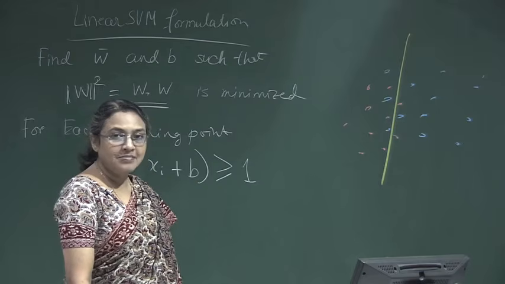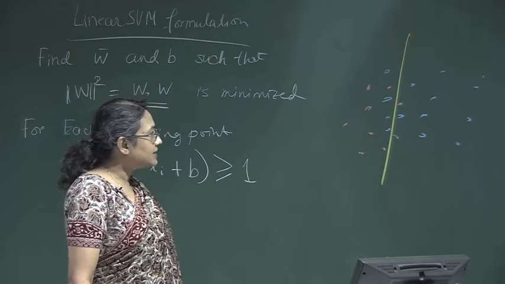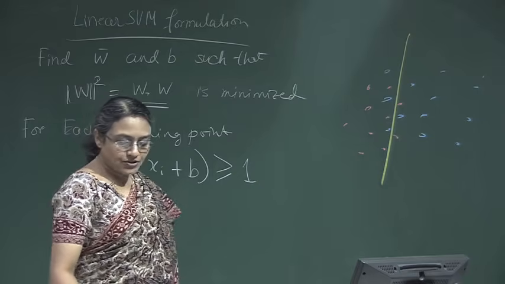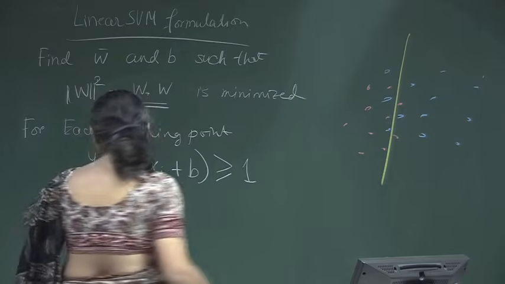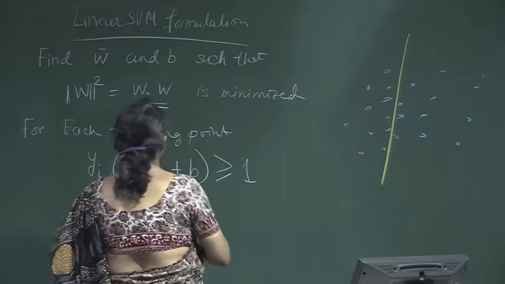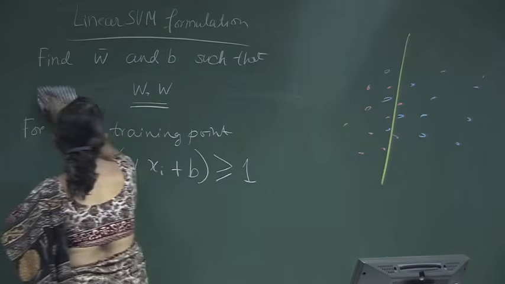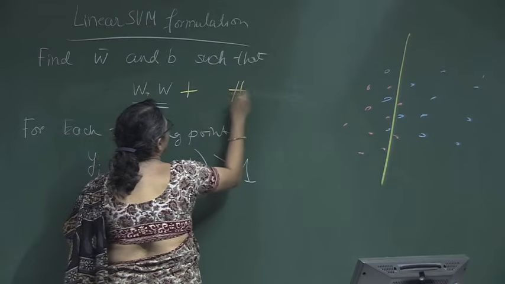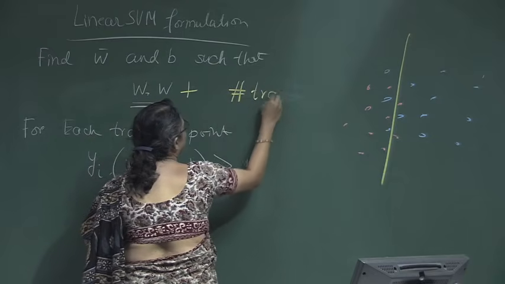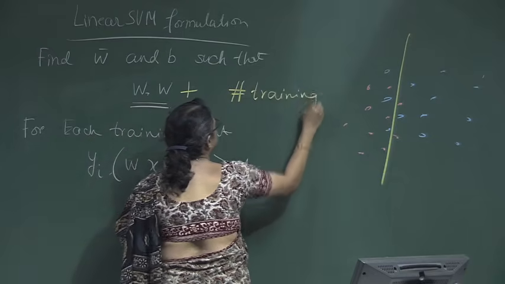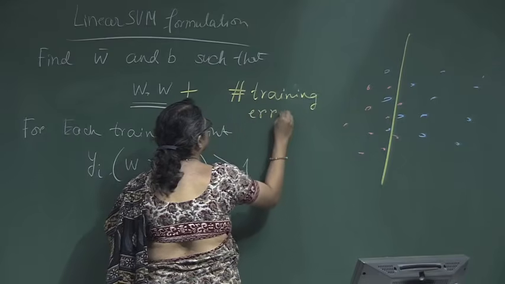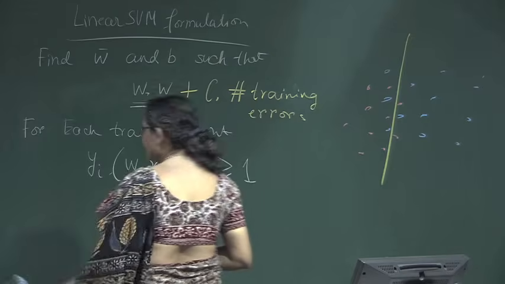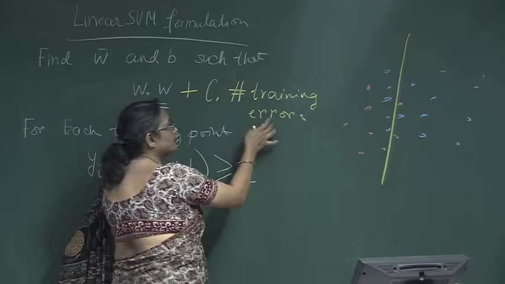That is, we want to minimize the misclassified training points or minimize the training error. So, we may be tempted to write this objective function as W dot W plus number of training errors, and maybe we can use a parameter C to control how much importance we give to this part and this part.